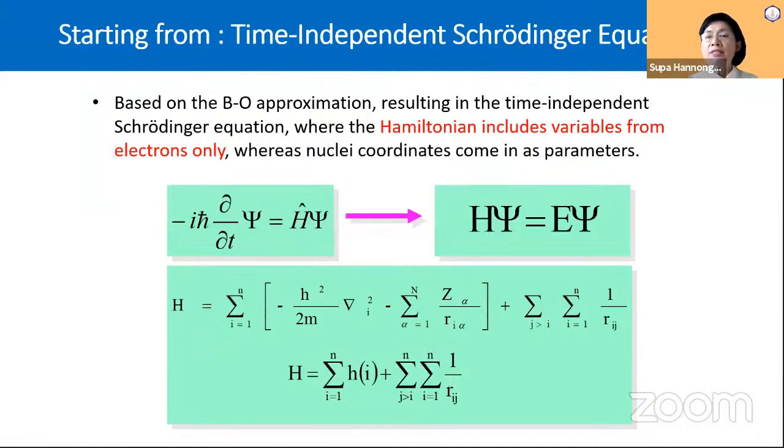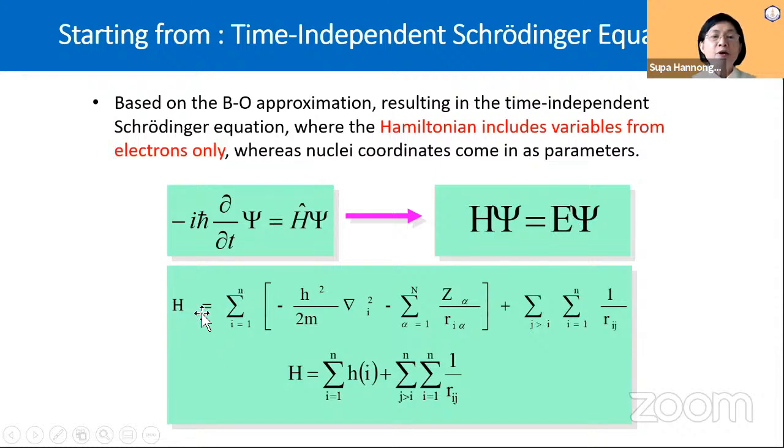So with the Schrödinger equation, we try to solve the system, our molecules, our electronic system, and obtain the energy. Okay, this is the core, the heart of the Schrödinger equation, that we would like to get the energy term, the value of this eigenvalue.